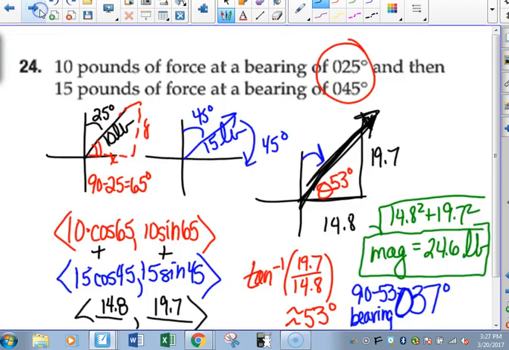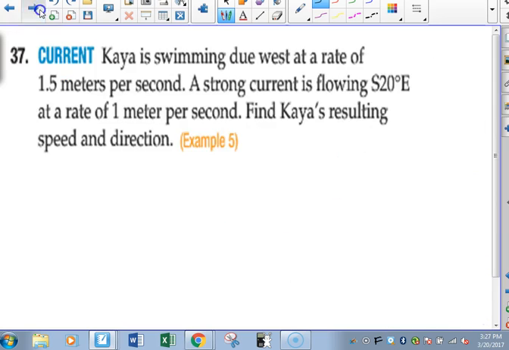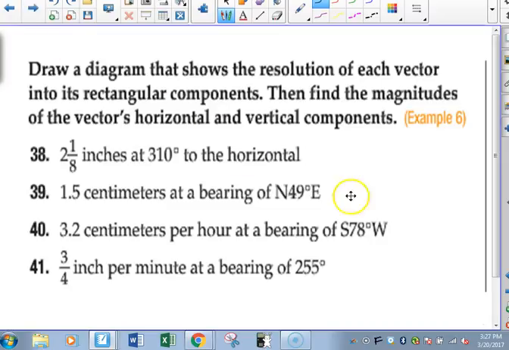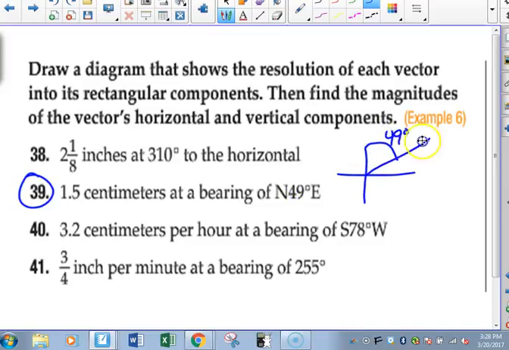There's some that just ask for the components, guys, and I just don't want you to be confused. Like here, if you're doing question number 39, it says draw it, okay? It's off the north, 49 degrees towards the east. And label, and you don't have to use a scale. You just write 1.5 centimeters. Then it says find the magnitudes of the horizontal and vertical components. That's what we've been doing.